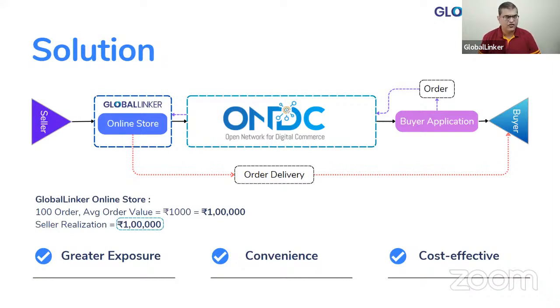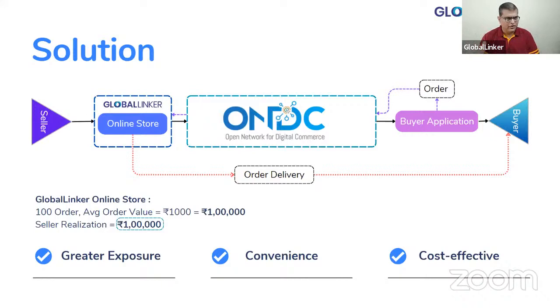For example, if you have a 7-day return period, then after the end of your return period, the buyer apps typically have a weekly or a fortnightly settlement cycle. Some of them have a weekly cycle, some of them have a fortnightly cycle. Fortnightly means a 15-day cycle. So depending on the buyer app, they have these cycles.